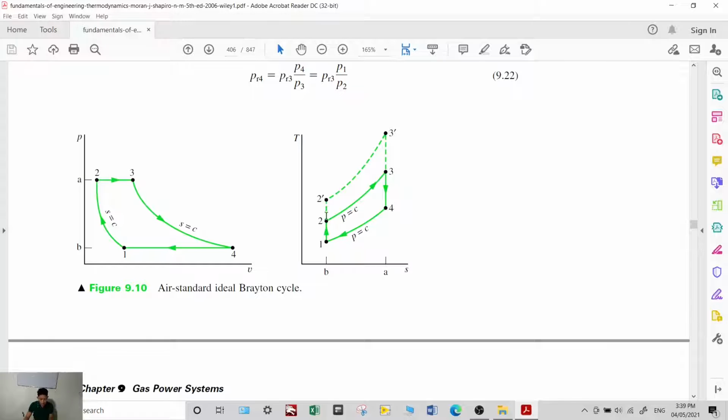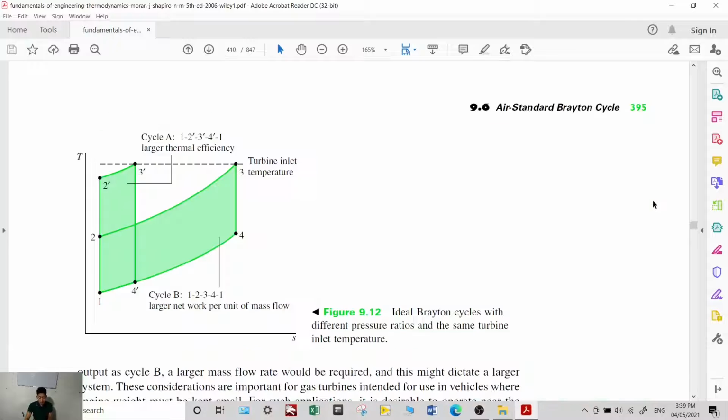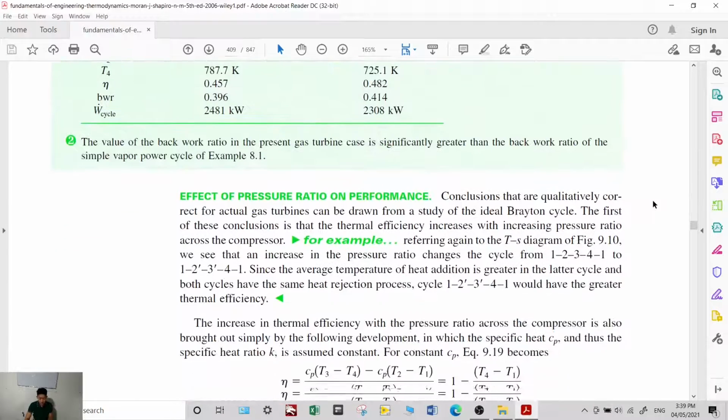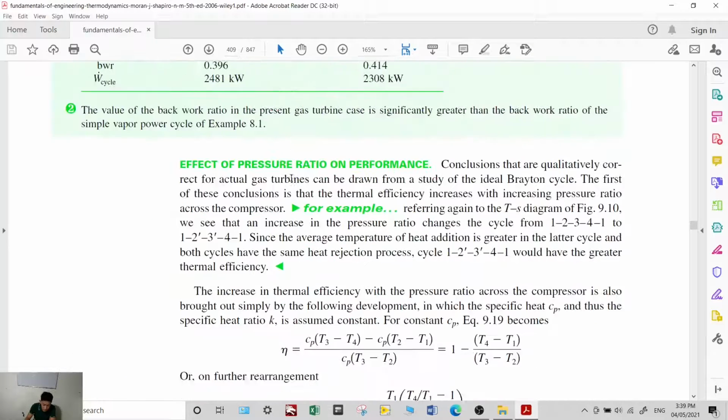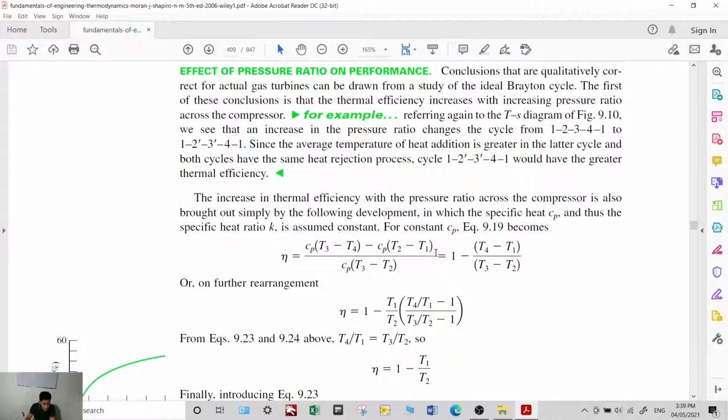Kung mo-taas ni siya, mahimong 2 prime, so mas mudako ang imong work. Okay? So ang effect ana sa imong thermal efficiency is mudako imong thermal efficiency.